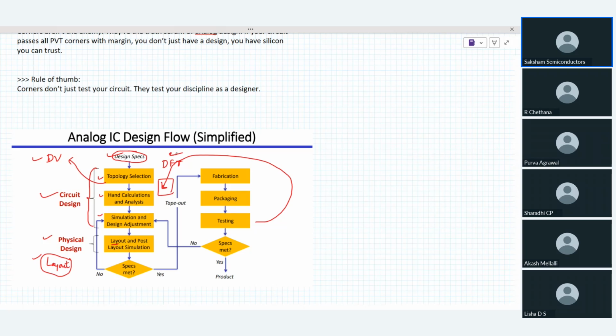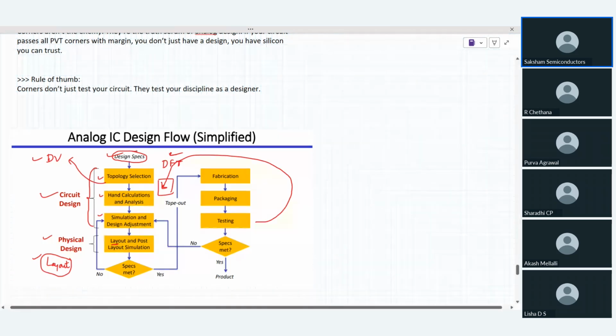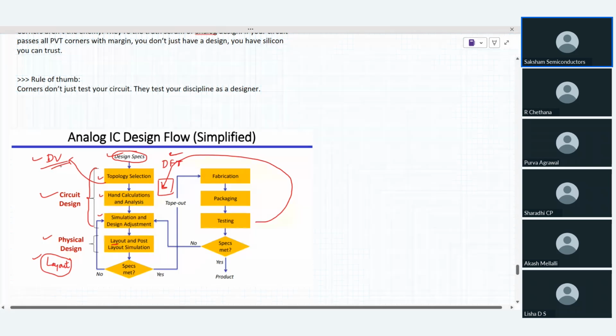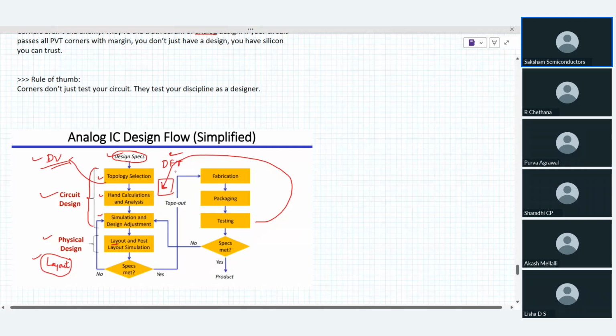So altogether, any engineering graduate who comes out of college after graduation would be put in one of these five major domains: design verification, circuit design, physical design, layout, and DFT. Altogether, this is basically the analog IC design flow. Because DV doesn't come under the IC design flow, it has not been shown here, and because DFT is also irrelevant right now, I have not shown it here. So the relevant things are marked here.